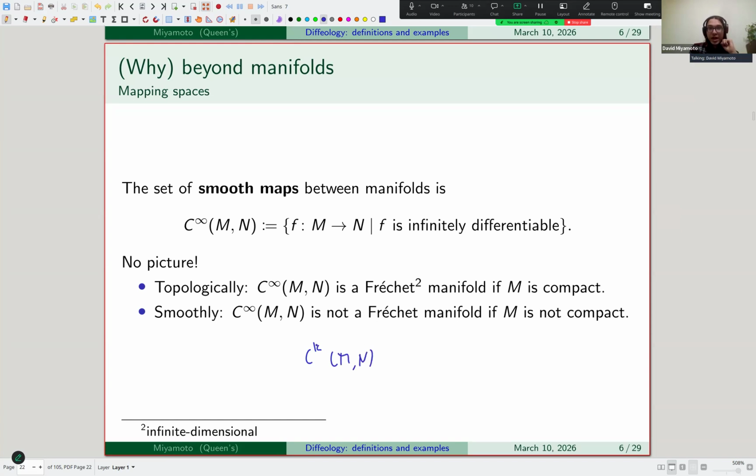No, so C^k will be at least Banach then, if M is compact, if I'm not mistaken. The Frechet here is coming from the infinite derivatives that we take. So we need infinitely many seminorms to capture convergence, one for convergence of the first derivative, second, third. When you have C^k, there are only finitely many, so you can basically create a norm that captures all the finitely many degrees of convergence that you want.